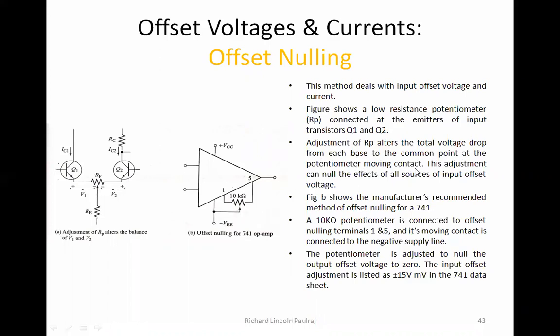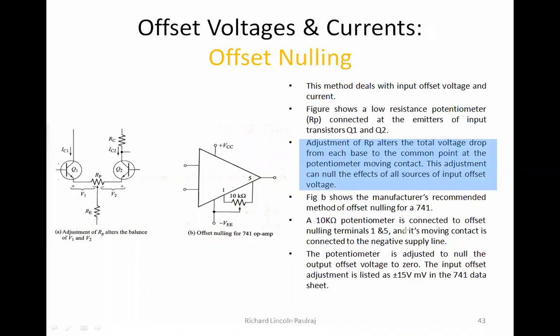If there is too little, then I can probably decrease my resistance. So that's the whole idea. This adjustment can null the effects of all sources of input offset voltage. So it's a very important concept where you can nullify all the errors just because of Rp.